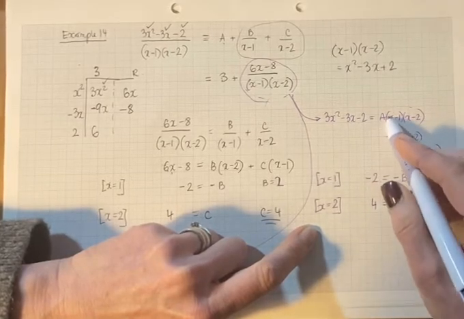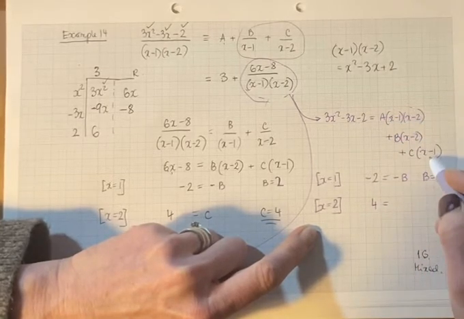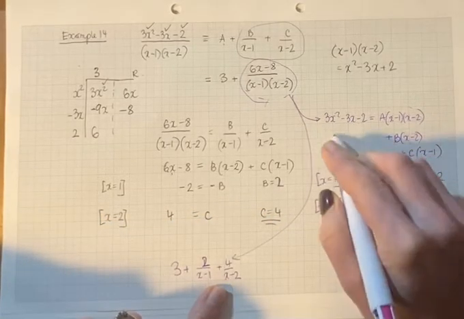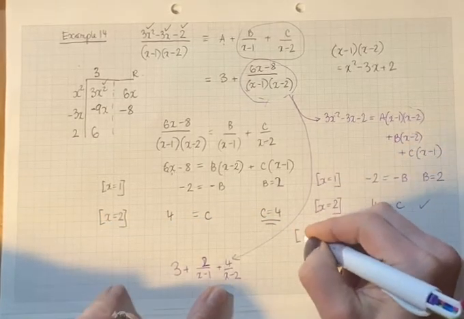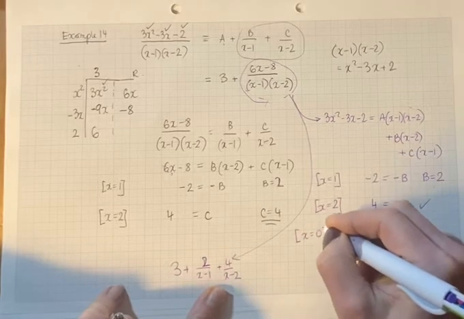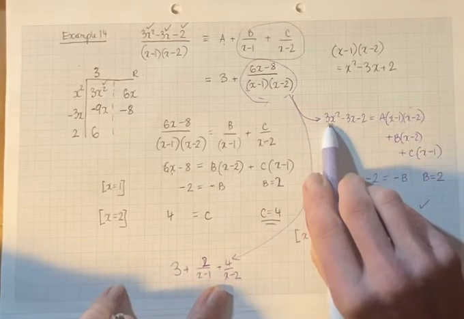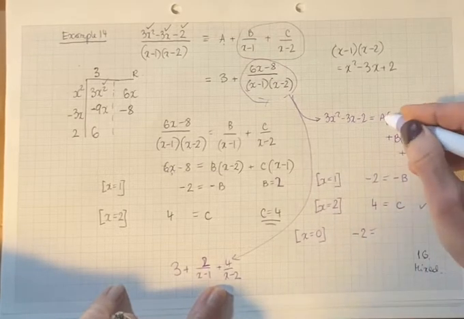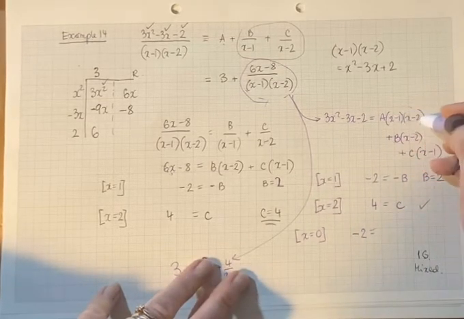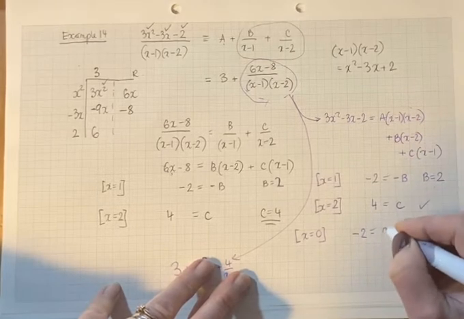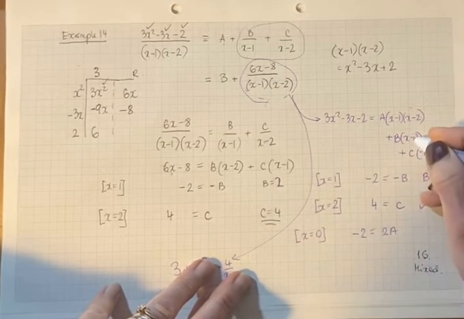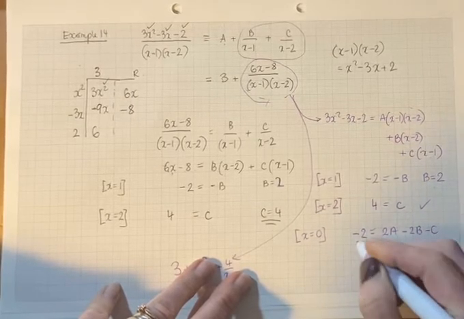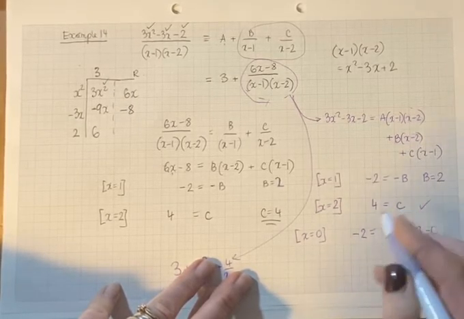And on this side, that will go to 0, that will go to 0. This one here will give me c. I did get c. So finally, let's check a. Choose maybe x equals 0. And then you're going to have 0 minus 0 minus 2, so it's minus 2. Over here, you will have minus 1 and minus 2 times together give me 2a. Over here, we'll have minus 2b and then minus c. Let's substitute the values of b and c.